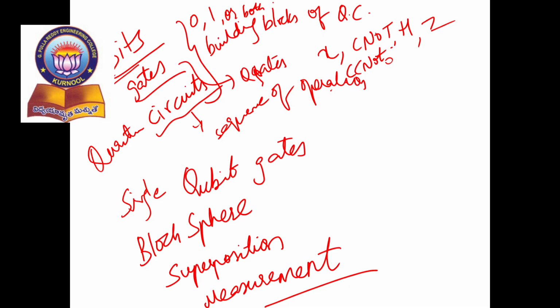In this video we'll understand about the single qubit gate, the Bloch sphere, superposition, and also the measurement. The quantum bits, gates and circuits act like the building blocks of the quantum circuit.